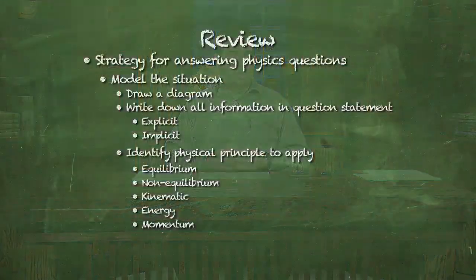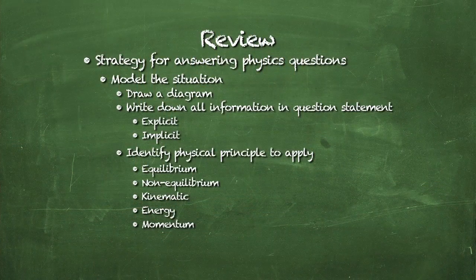The next step in modeling the situation is to identify the physical principle to apply. Now, there could also be more than one principle at work in a situation, but our principles, and there are 5 of them, are equilibrium. Now, that was an object that was at rest and remains at rest, or an object moves at constant speed in a straight line. Non-equilibrium meant that equilibrium didn't apply.